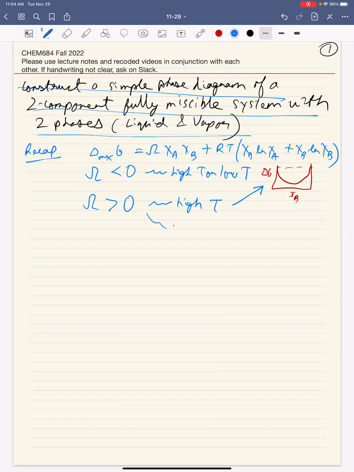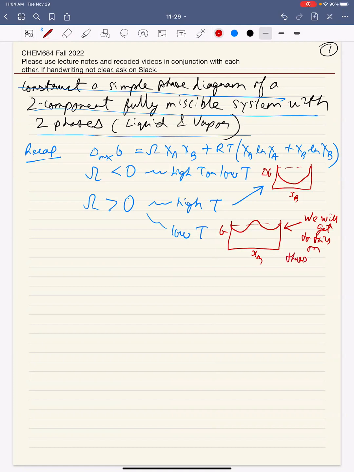But at low temperature, we got complicated behavior where the delta G curve could show little peaks in the middle, right? So the G versus XB looked like that. We will get back to this behavior on Thursday, and there is a lot of interesting stuff on Thursday.